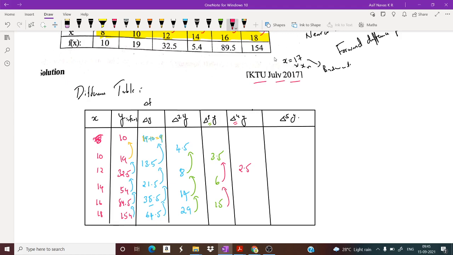Now 15 minus 6, 9. Now last forward difference is 9 minus 2.5, that is 6.5. So we are using forward difference formula. So this is f naught, this is delta f naught, this is delta square f naught, delta cube f naught.